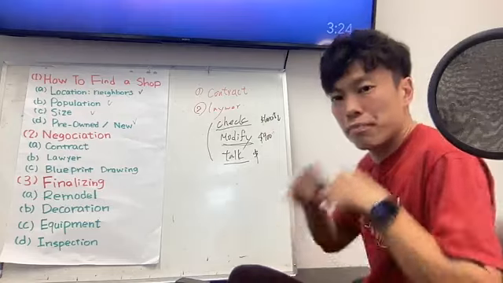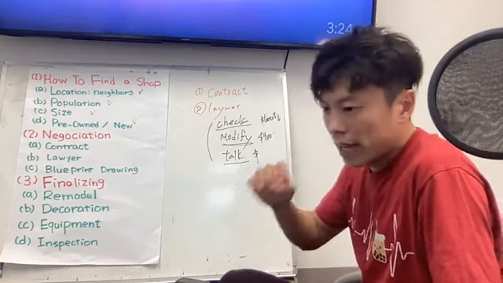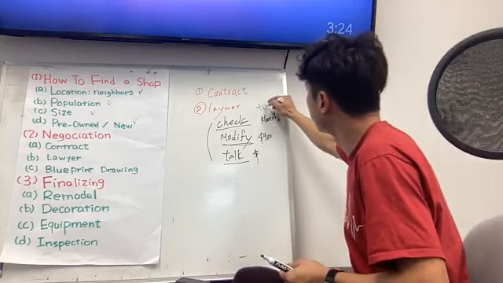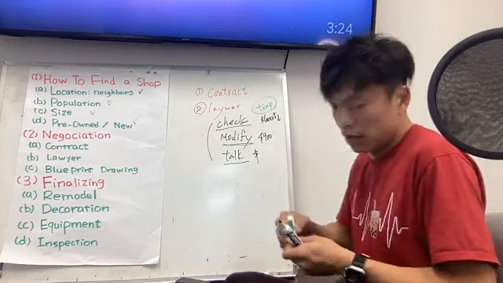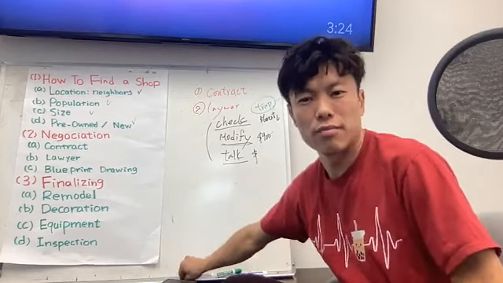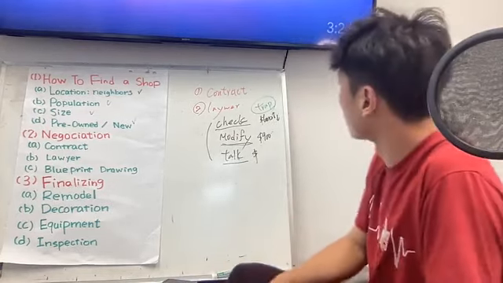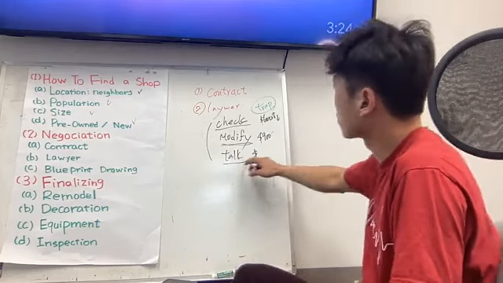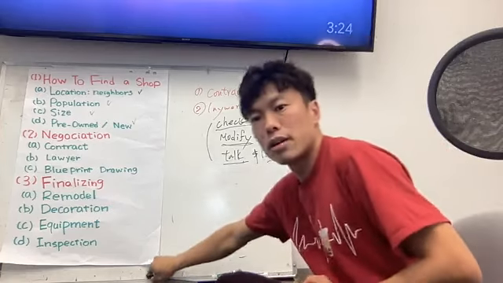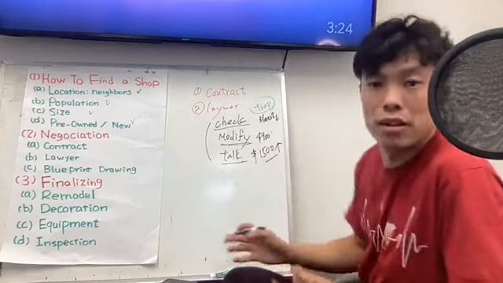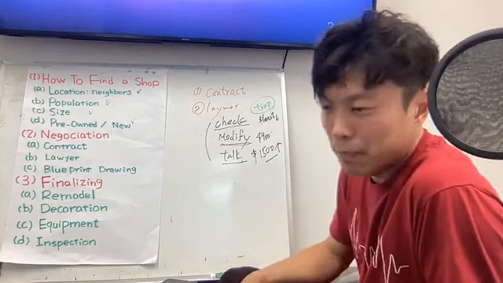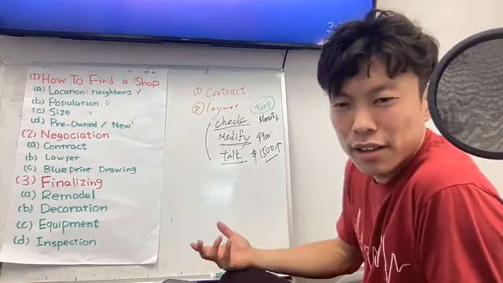Also about the talking. In the contract they will have a lot of traps, so you have to be really careful, because everything you sign in the United States, you have to be really careful. About the negotiation, the talk, you have to spend around that much or more, because the lawyer can negotiate for you based on their knowledge and skill.